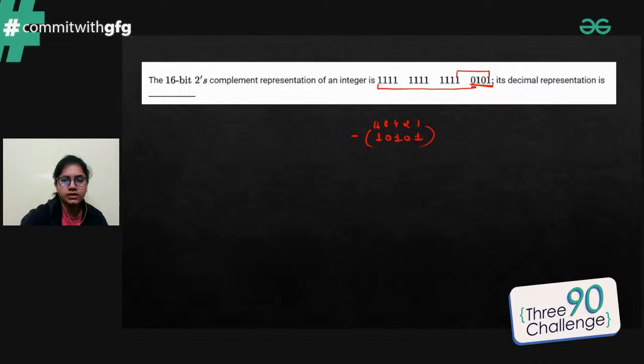Are we doing anything wrong here? No, we are not, because this will be in the minus part: minus 16 plus 4 plus 1. It will be like that.